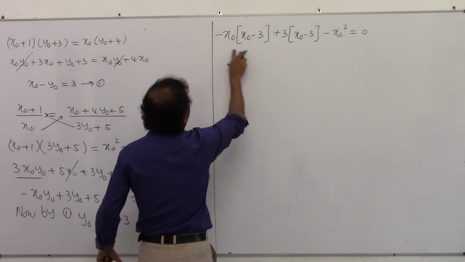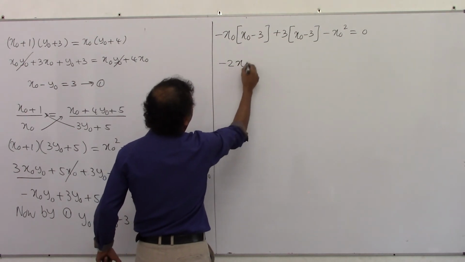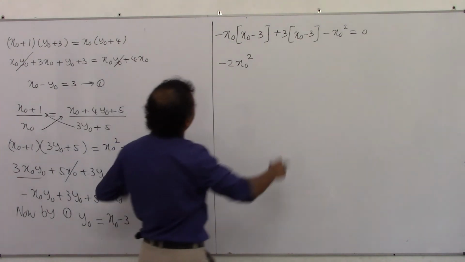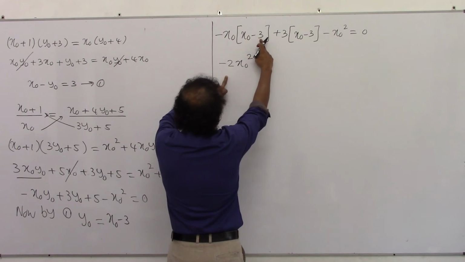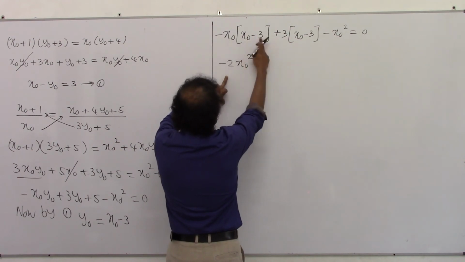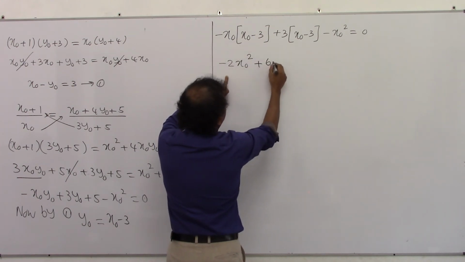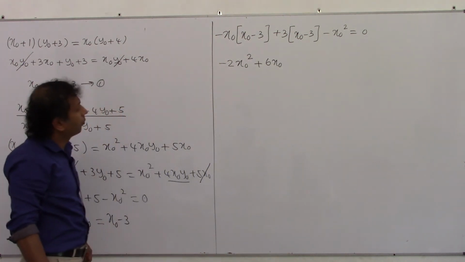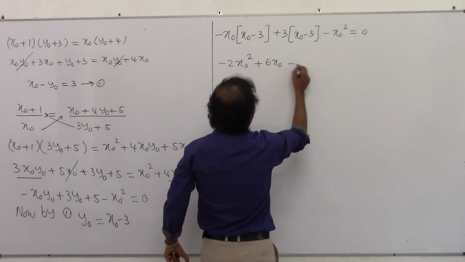Here we get minus x naught squared, over there we have another minus x naught squared, minus 2 x naught squared come. Here people we get 3 x naught squared, 3 x naught squared, 6 x naught squared. And we get here people minus 9.